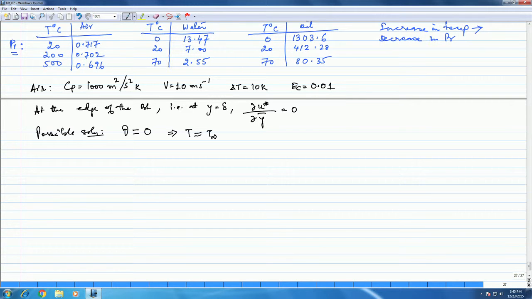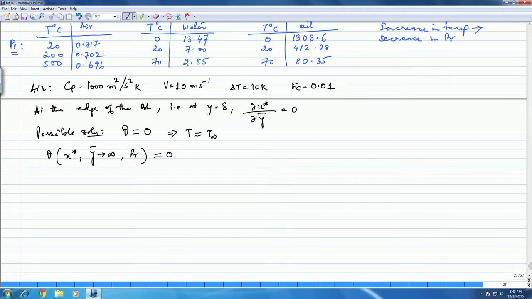So, in other words, theta is a function of x star, y bar, which in this case is far away, and the Prandtl number, and that is equal to 0.